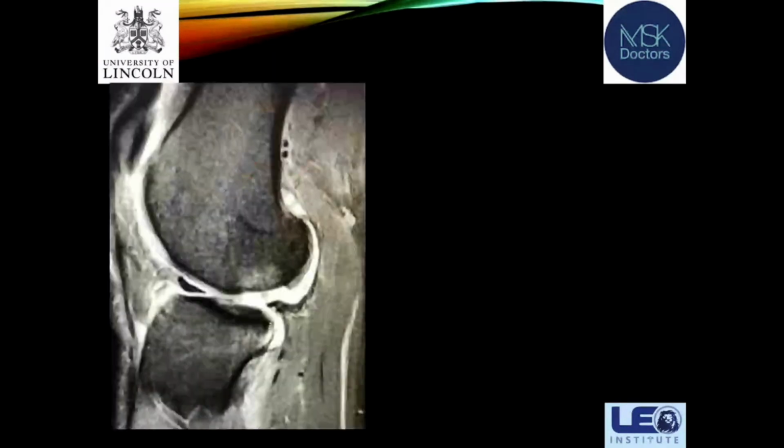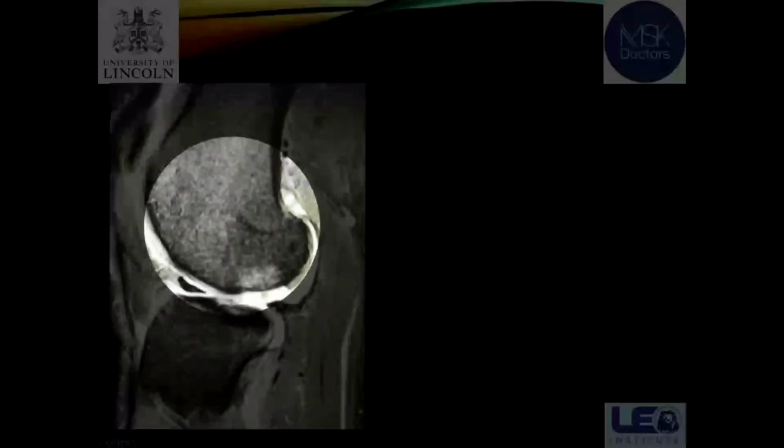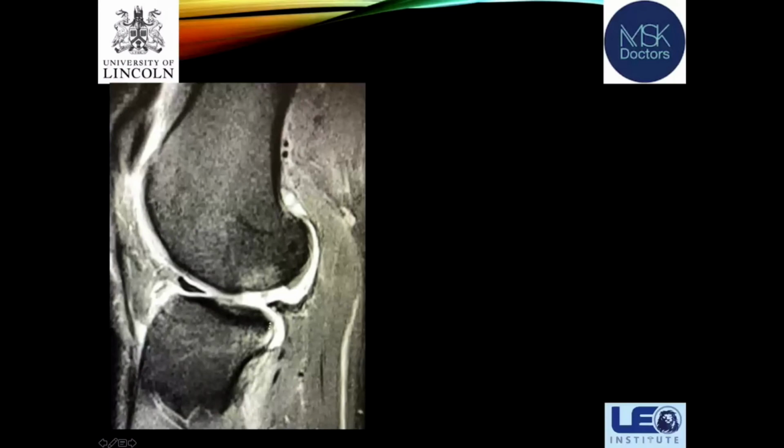The next case that I'm going to talk about is another case that we have done, approximately 6 months ago. Again you can see here on the top, this is the femur. This is the tibia at the bottom, and the kneecap is somewhere around there. The important part here is that you can see the cartilage is gone. There's a big gap there, and there's nothing there.